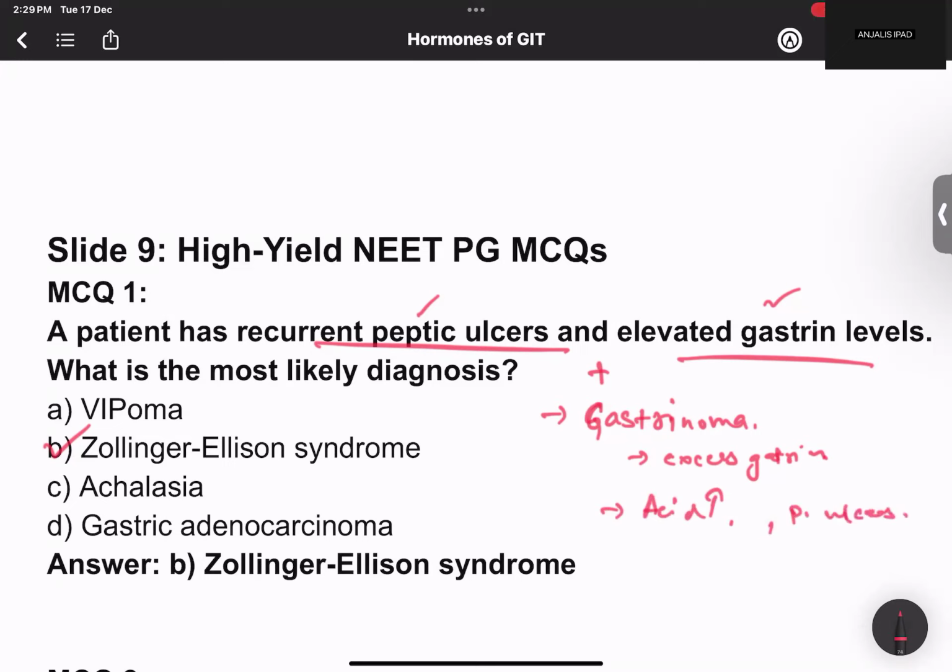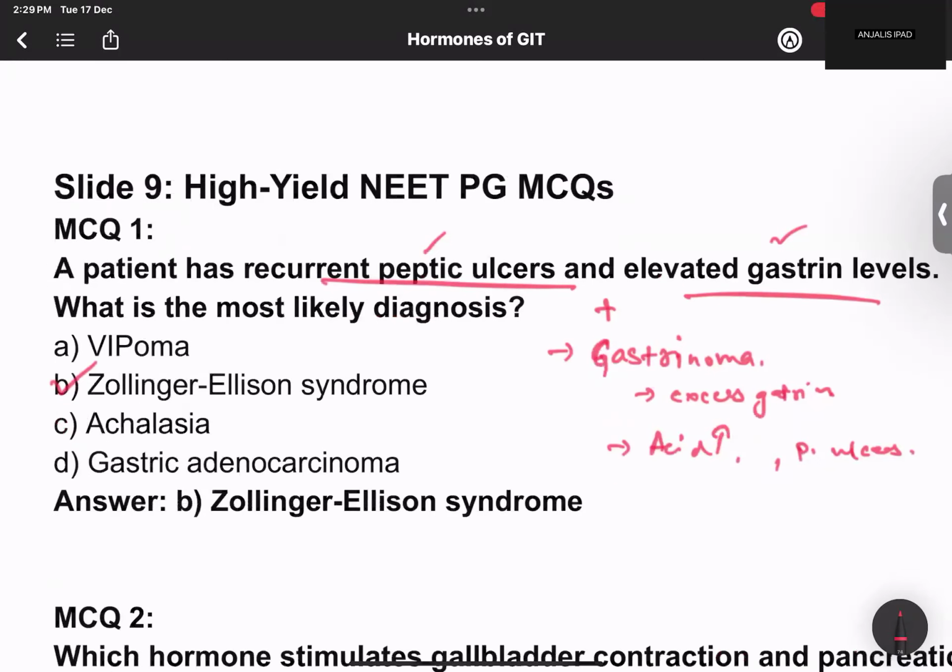So this is a classic clinical scenario. Whenever you have recurrent ulcers plus high gastrin levels, you will have to think of Zollinger-Ellison syndrome, which is caused by gastrinoma. All right, so that is about the first MCQ. Now, moving on to the second one.